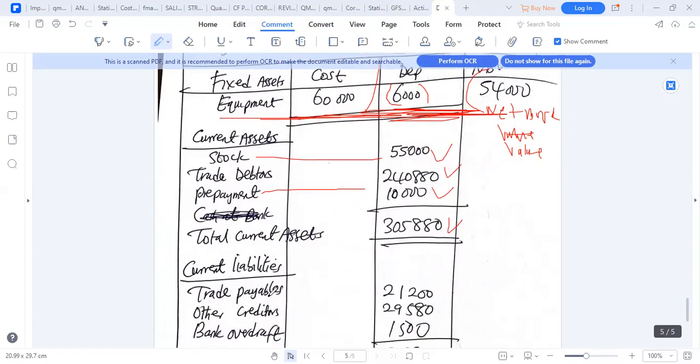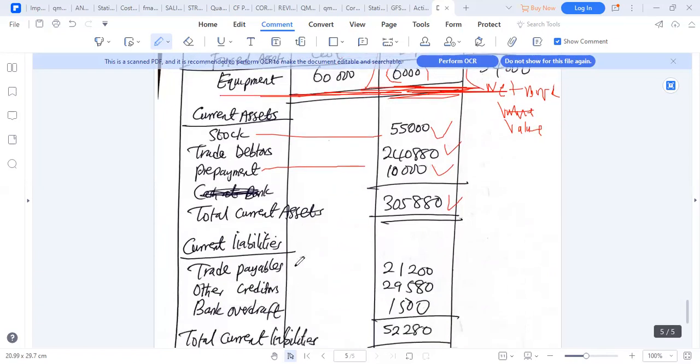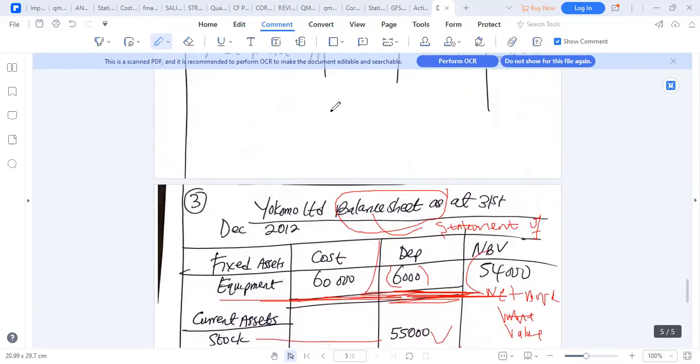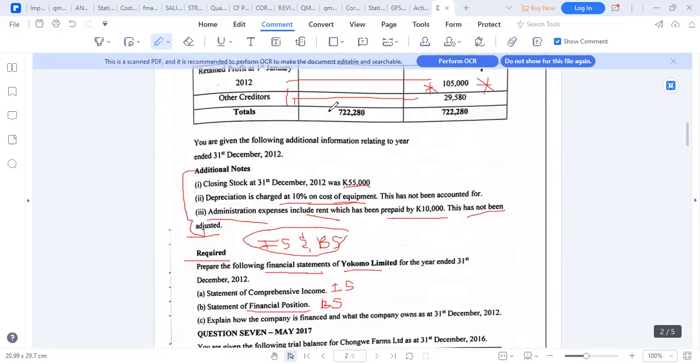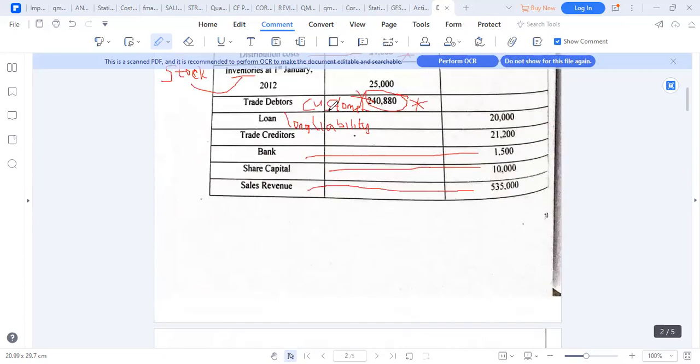The current liabilities, trade payables or creditors. So what are we having for creditors? We have 21,200 on trade creditors, which is this one here.